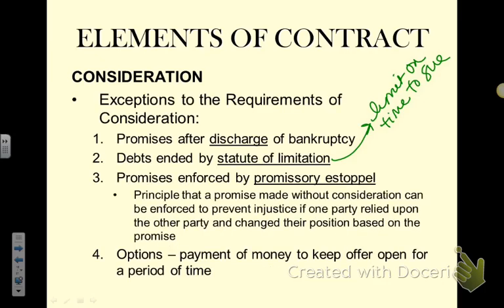Other things with regard to consideration. Exceptions to the requirements of consideration. We don't need to have new consideration for promises that are discharged after bankruptcy. So let's say somebody had a house.